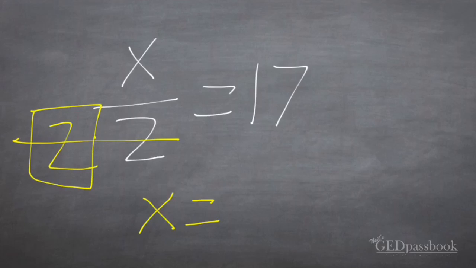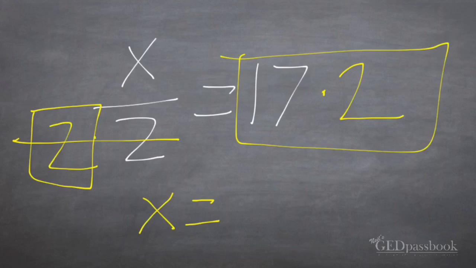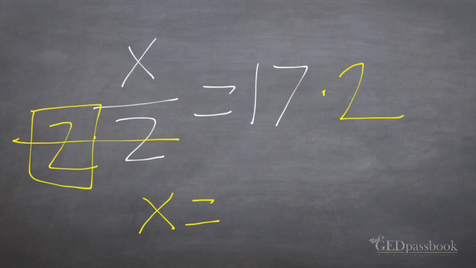So this times 2 now gets thrown over here. 17 times 2, right? So, like I said, this x is by itself, comes down over here. So x equals the solution of that problem, which is a standard multiplication, which is 34. So x equals 34.